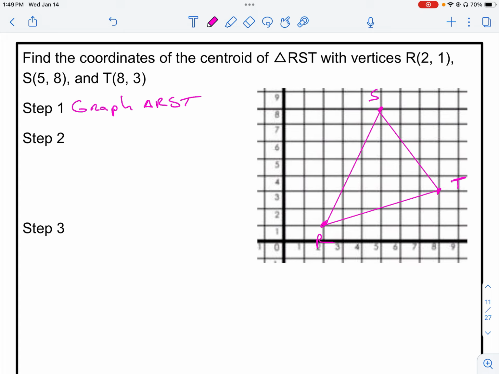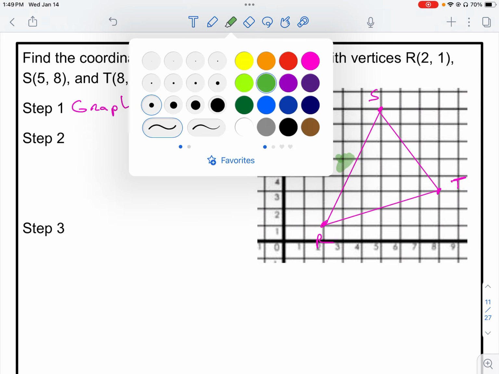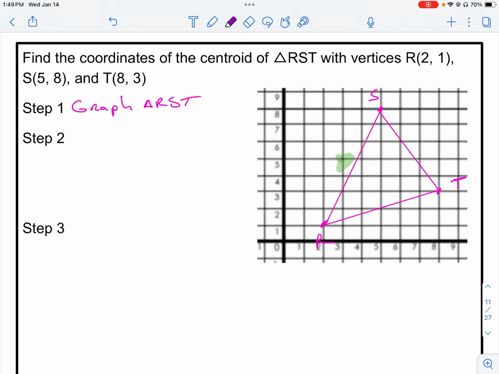So let's find our centroid. Well, we know that we go from our vertex to the midpoint of the opposite side. Well, let's see, 1, 2. So the midpoint of RS is going to be right in here somewhere. The midpoint of ST is going to be in here somewhere.